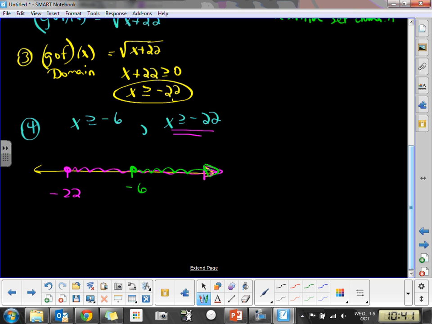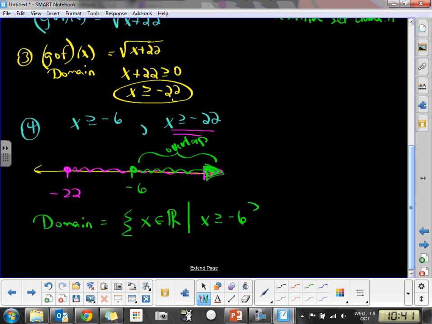And my new domain, the domain we want to use for our composite function, is the overlap of those two. So there's our overlap, which means for our domain for our new function, I'm going to go back and look at the directions. It was in set builder notation. So the domain is going to equal a set where we look at our input values x, which are elements of the real numbers, such that our overlap was making sure that x had to be greater than or equal to negative 6.